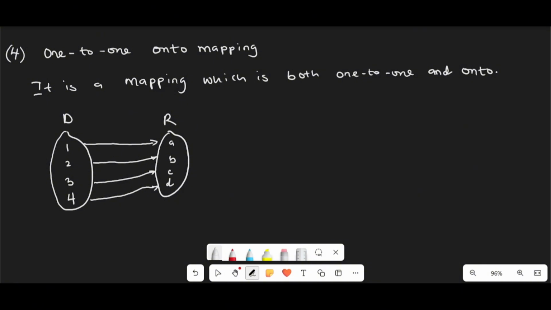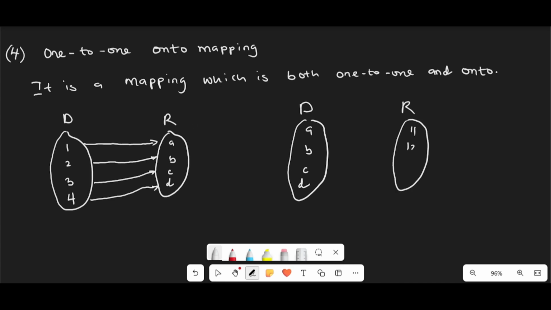Let us consider another example that is not one-to-one onto mapping. Let us say our domain is A, B, C, D. And our range is 11, 12, 13, 14. A is mapped with 11, B is mapped with 12, C is mapped with 13, and D also is mapped with 13.